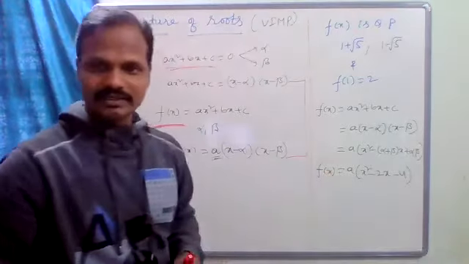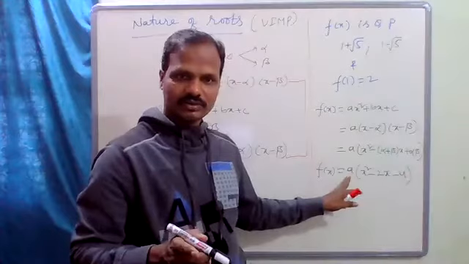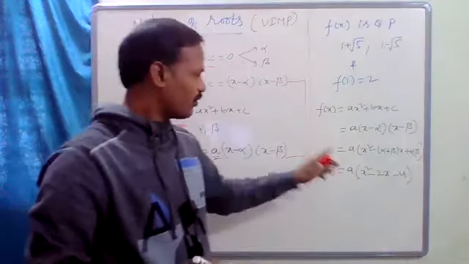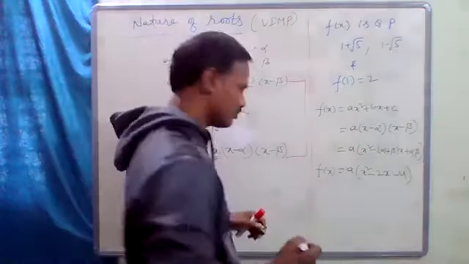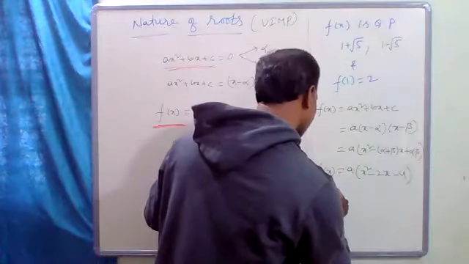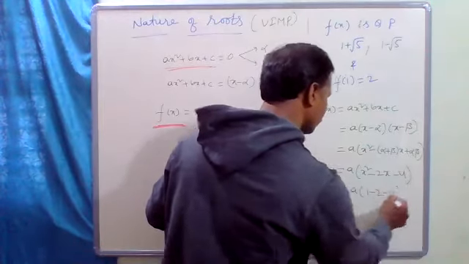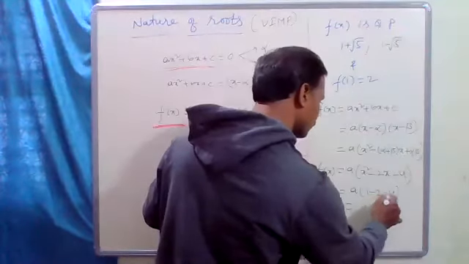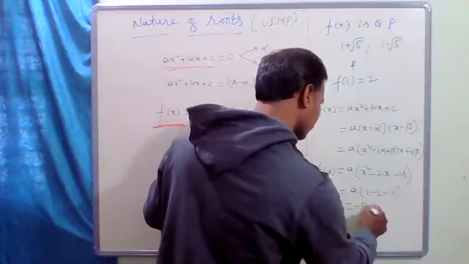But it's not complete. You have to find the value of a. To find a, what is the condition given? F of 1 equal to 2. Substituting x equal to 1, we get 2 equals a into 1 minus 2 minus 4, so 2 equals minus 5a.